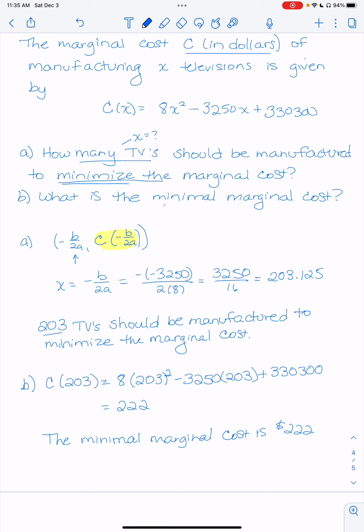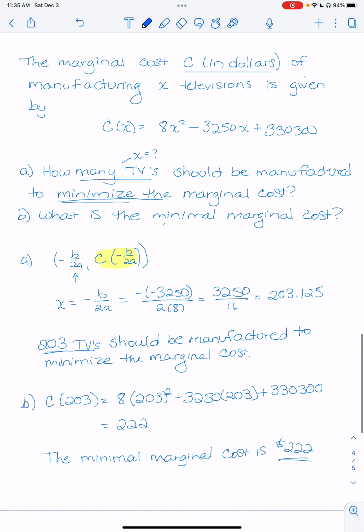So make sure somewhere you have your $222. If you don't write out the whole sentence, I don't usually pick on that sort of thing, but at least have $222 somewhere where it can be found. And here you would at least want to say 203 TVs, just so that we put it back into the real world perspective, because these are real world problems.